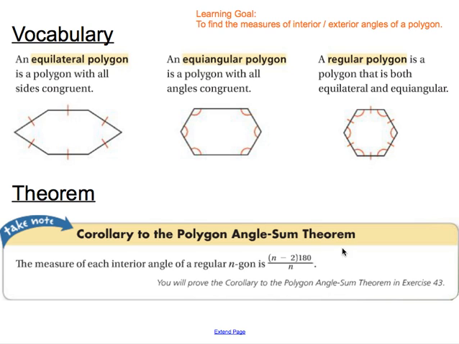So this is the sum. And then by dividing it by the number of sides, we split that into each of the angles. In this case, this is a regular hexagon. We find the sum of the measures by doing n minus 2 times 180, and then to find each angle, we divide by the number of angles.